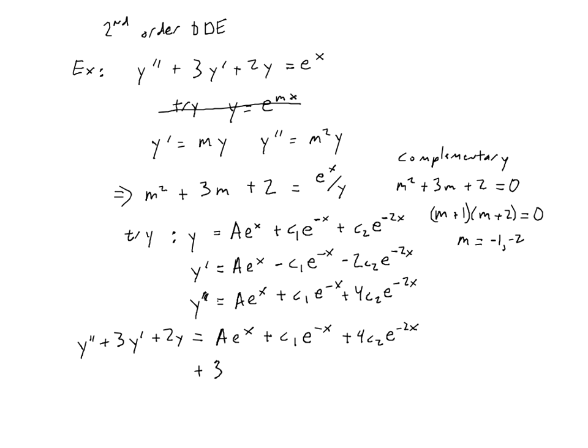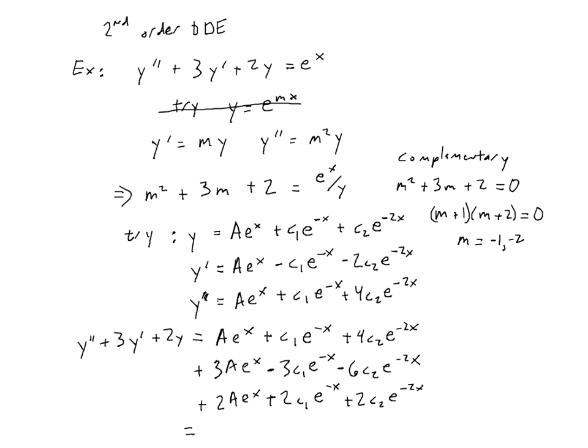And then I'm going to add to that 3a e to the x minus 3c1 e to the minus x minus 6c2 e to the minus 2x. And then I'm going to add to that 2 times y, which is 2a e to the x, plus 2c1 e to the minus x, plus 2c2 e to the minus 2x.